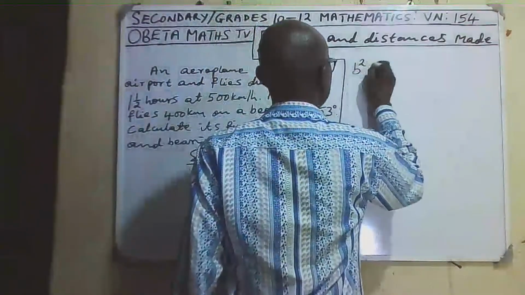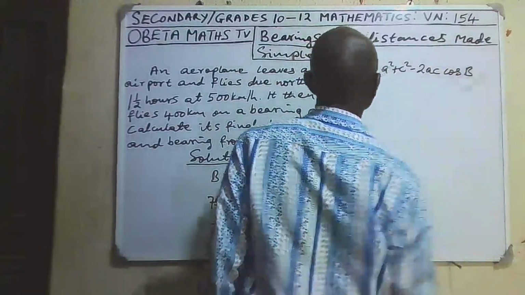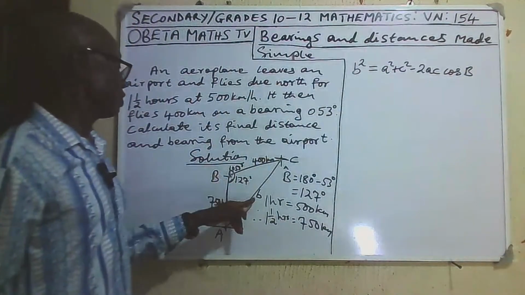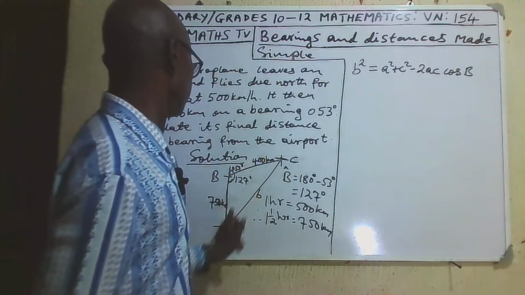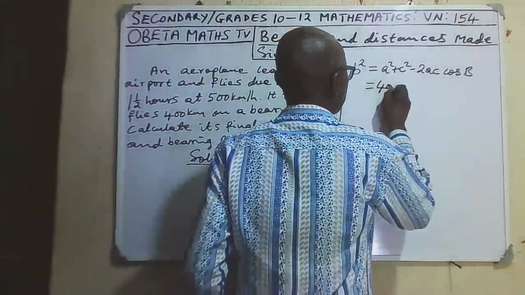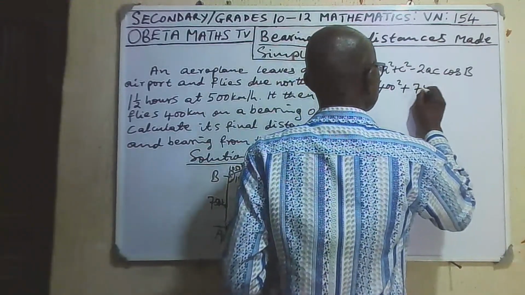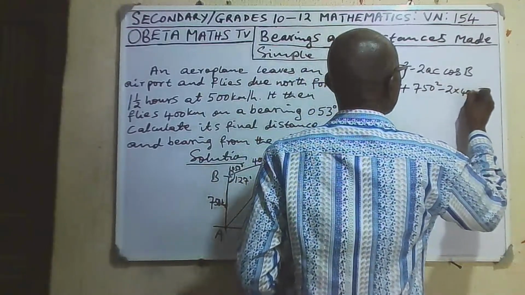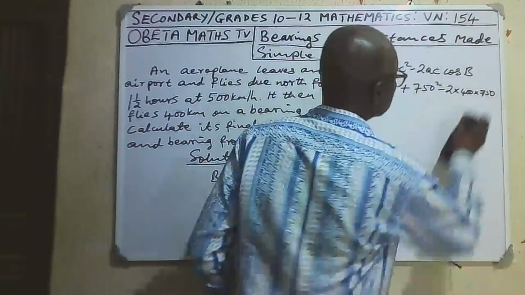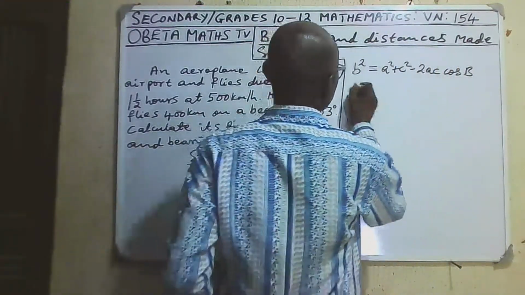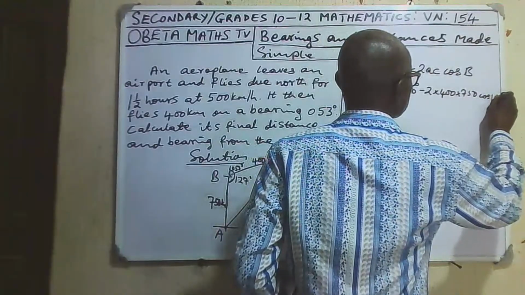So continue. b squared should give us a squared plus c squared minus 2ac cos B. And remember, small b is the side facing capital B. This is small c facing capital C, and then this small a facing capital A. So that will give us 400 squared plus 750 squared minus 2 times 400 times 750 cos 127 degrees. Let me put it in order.